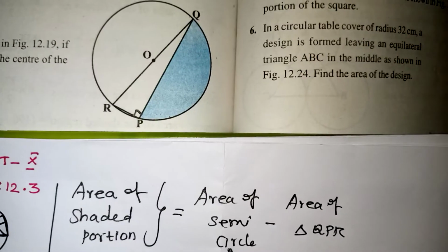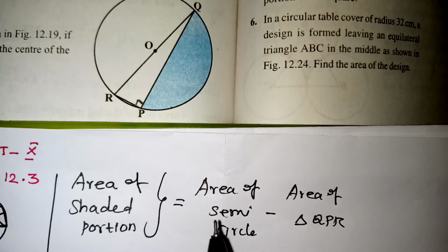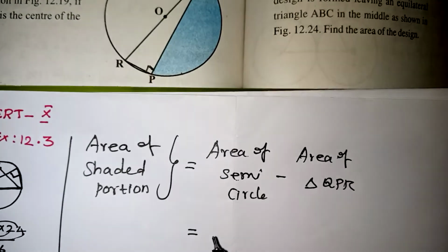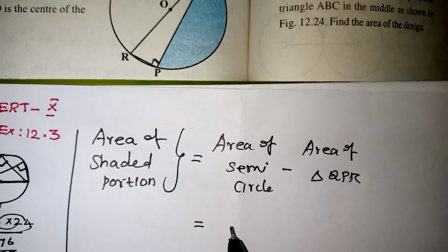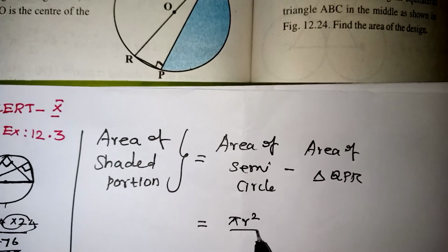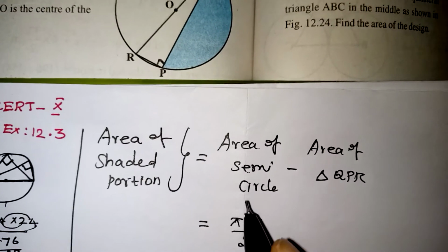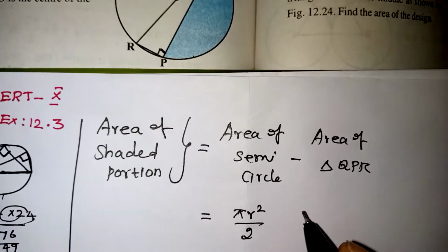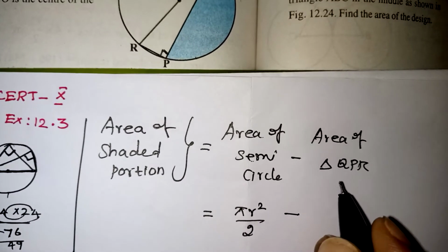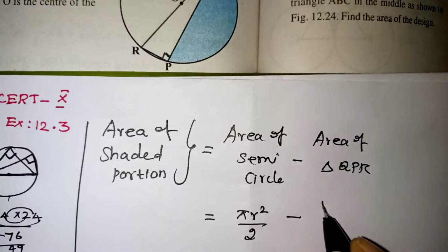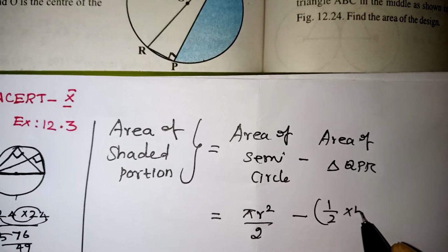Now, what is the formula for the area of the semicircle? Circle is pi r squared, you all know that. For a semicircle it's half of it, so pi r squared by 2. Minus the area of the triangle, and the triangle formula is half into base into height.